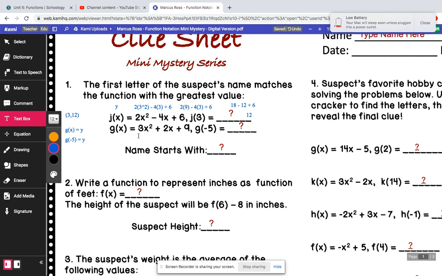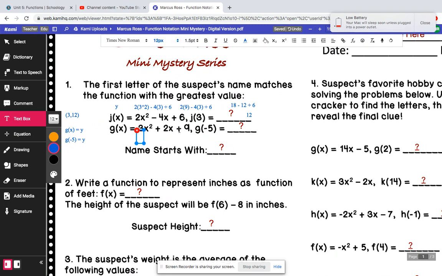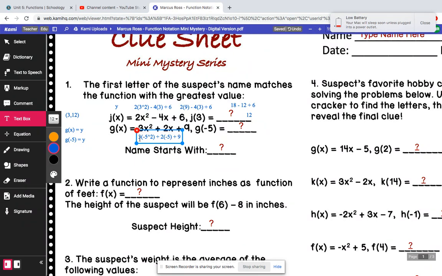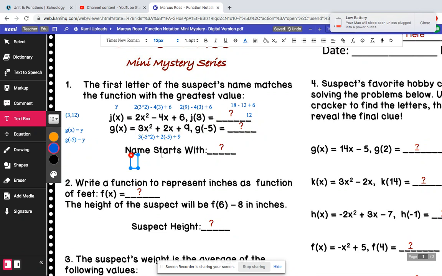So let's slowly go through this, right? Everywhere you see an x, you need to replace it with negative 5. Notice how I'm keeping my negative 5 with my number, plus 2 times negative 5 plus 9. All right. Order of operations is going to solve this. So 3 times negative 5 times negative 5 is going to give me 25, plus 2 times negative 5 plus 9.